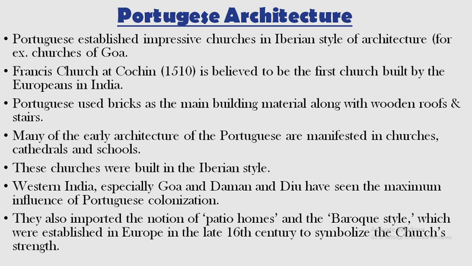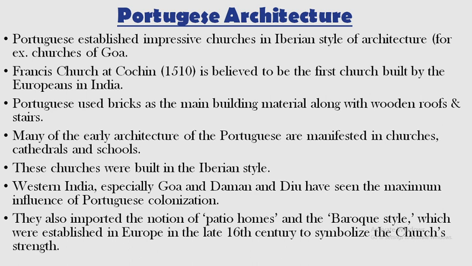Many of the early architecture of the Portuguese are manifested in churches, cathedrals, and schools. These churches were built in the Iberian style. Western India, especially Goa and Daman and Diu, have seen the maximum influence of Portuguese colonization.